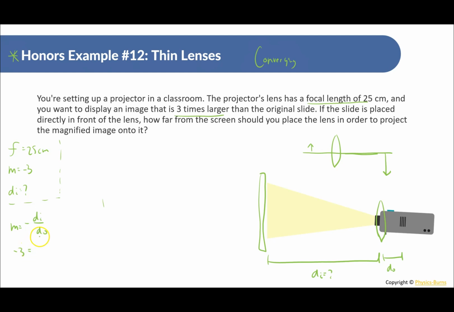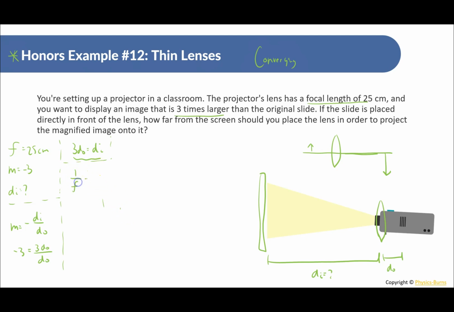We don't know what distance of image or distance of object is, but we know that distance of image has to be 3 times the distance of object. Okay, so 3 times distance of object equals distance of image. That is something we should know in order for the magnification to be 3 times as much. Alright, so using that, let's see what we could find out.